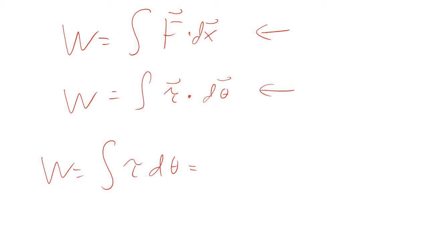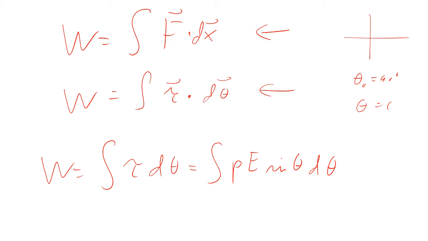The torque is going to be PE sine theta d theta. If we assume that we start with theta naught at 90 degrees and the final theta is 0 degrees, that'll be going from 0 to 90 degrees. We know how to do integrals.